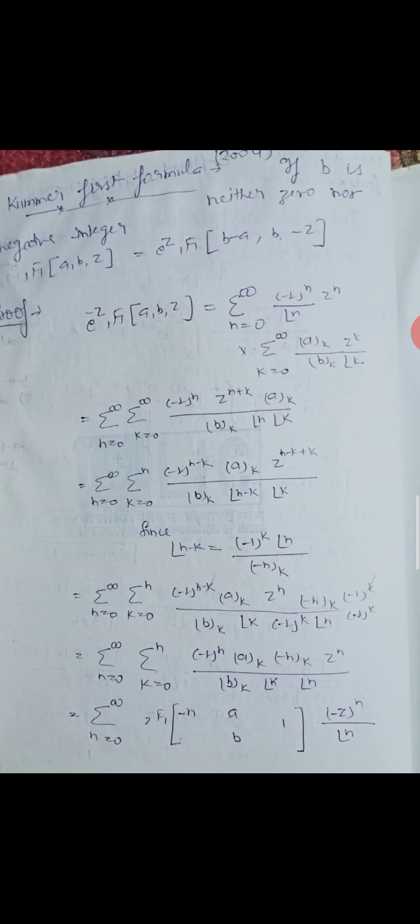Summation n equal to 0 to infinity, summation k equal to 0 to n, (minus 1) to the power n minus k (a)_k z to the power n minus k plus k upon (b)_k factorial (n minus k) factorial k.